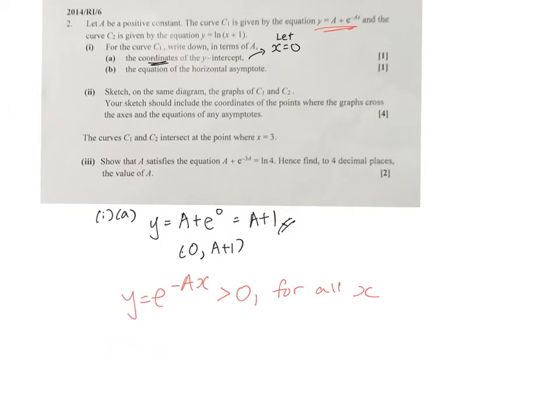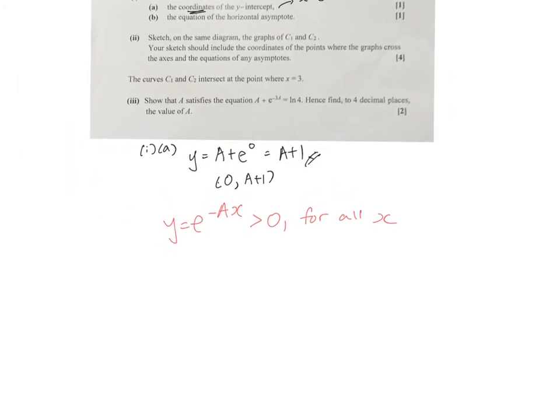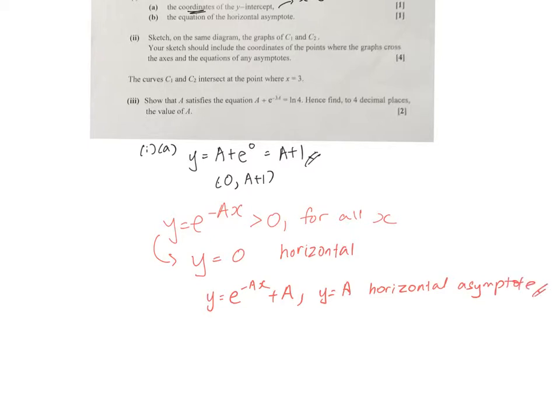So for this graph, y equals 0 is a horizontal asymptote because it is an exponential graph. You guys ought to know this. If I'm talking about y equals e to the power negative ax plus a, then we also add a for the horizontal asymptote. So y equals a will be the horizontal asymptote. Most of you were able to get this question correct.